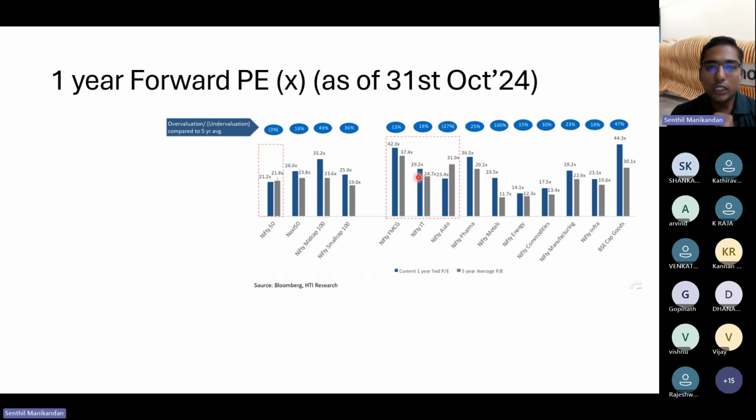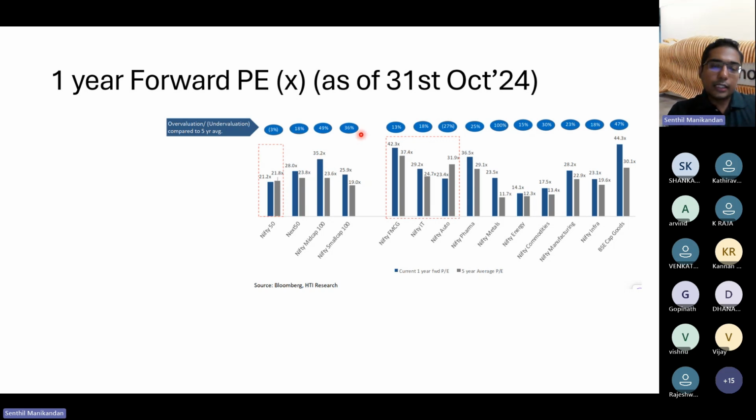But if you look at mid cap and small cap, both are trading at a substantial premium to their last 5 years average. Small cap's last 5 year average is 19, and they're trading at close to 26 times. Mid cap is substantially higher. The last 5 years average is 23 times on a 1 year forward PE, and they're now trading close to 36 times.